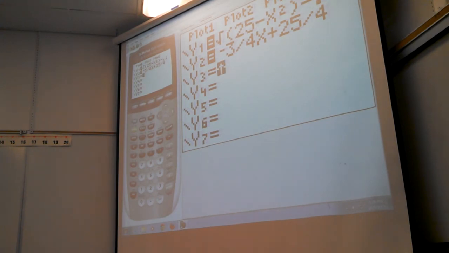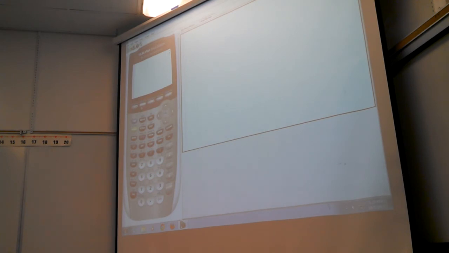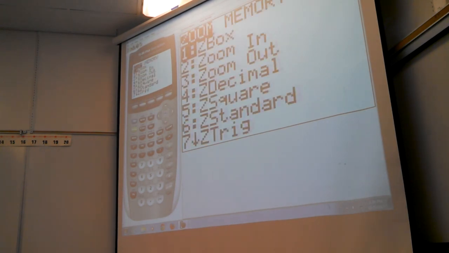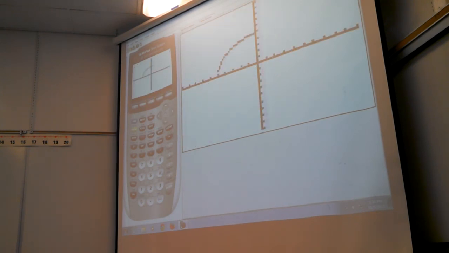And then I do square root plus 0.1. Come on, calculator. I think I blew the calculator up. There it is. So there's my circle.